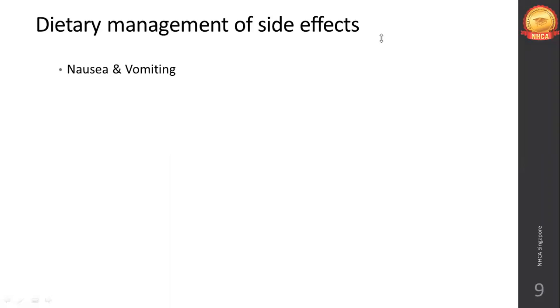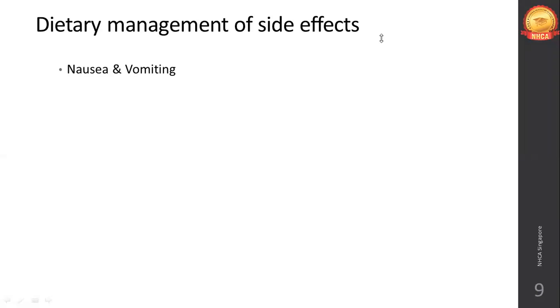Semi-solid will also do. ORS to combat electrolyte loss. But the con of having a semi-solid or liquid diet is that it will be easily vomited again.